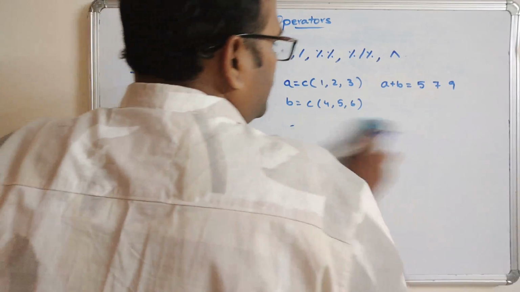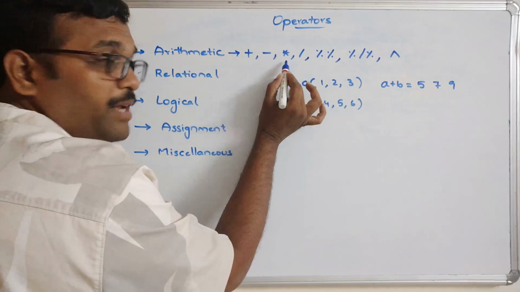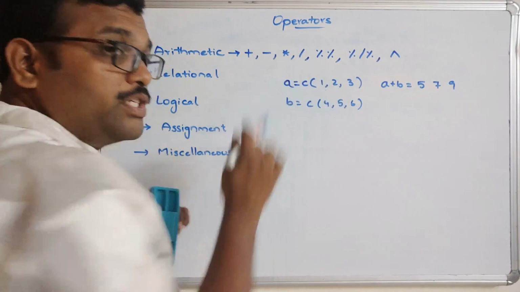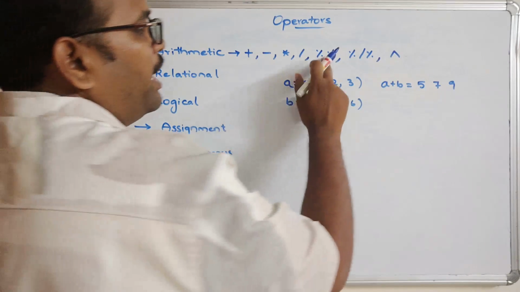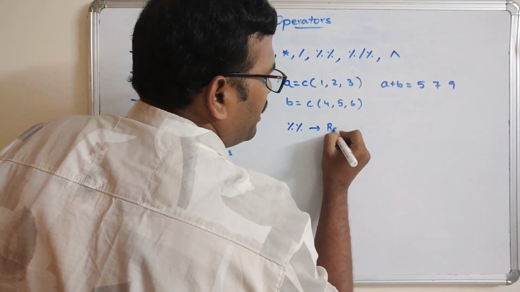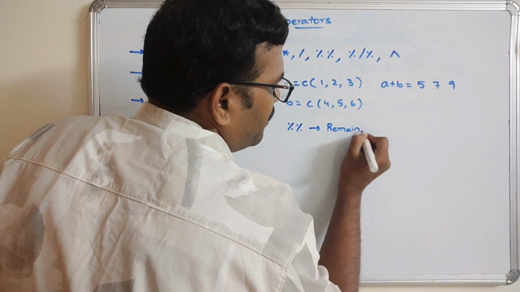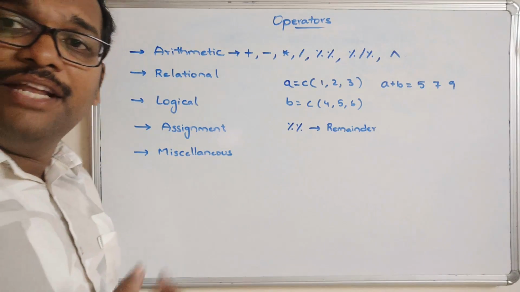We know that subtraction gives the difference, multiplication gives the product, division gives the accurate result, right? And this is mod, which gives a remainder as a result, the remainder after the division operation.